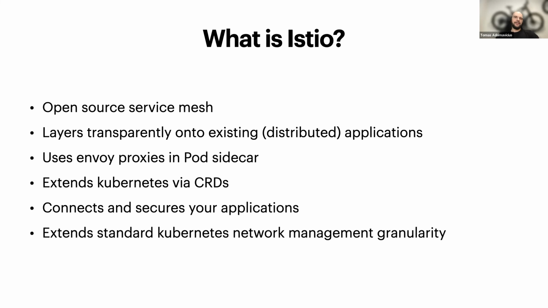And yeah, it extends standard Kubernetes network management granularity by adding multiple features. All of the features that Istio adds are on the application level, so it's L7. While Kubernetes also has network policies, which stay at L3, L4, I think. Both of them work together, so there's no need to choose between one or the other.